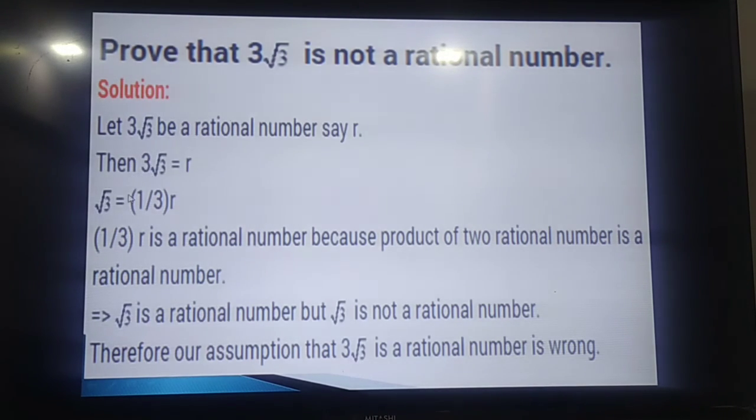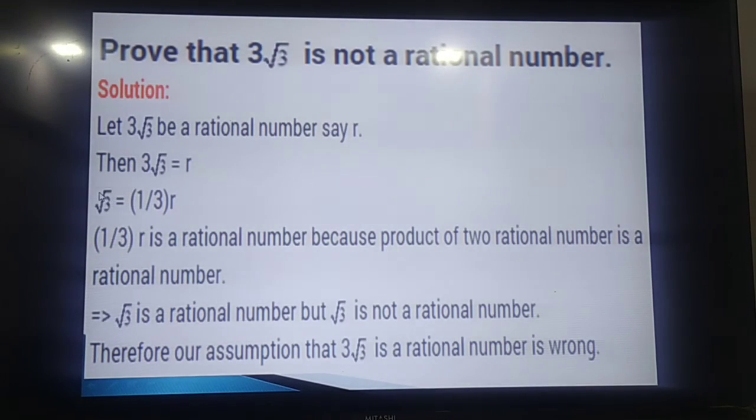Now what we do? We divide this equation by 3, then root 3 equal to r by 3. You know that division of two rationals is always rational. So r by 3 is rational, and root 3 is irrational, not rational.